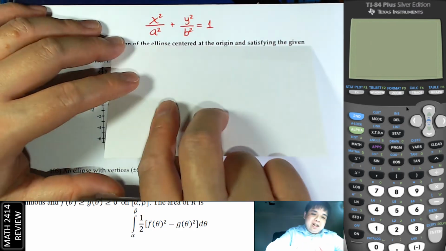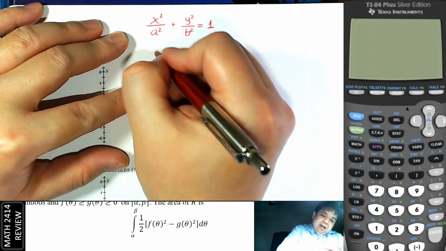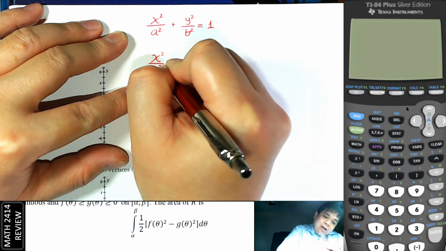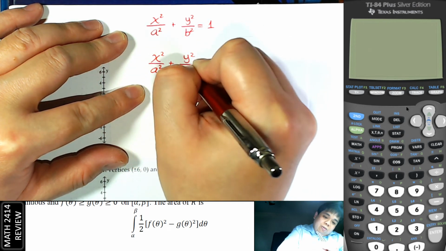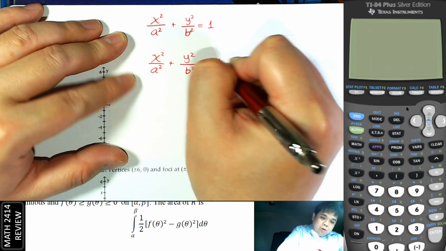I'll just write it down: x squared over a squared plus y squared over b squared equal to 1.